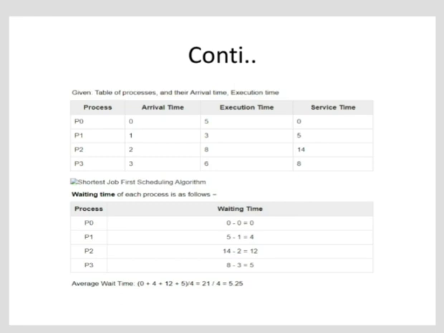So the waiting time can be calculated by using service time minus arrival time, and the average wait time is the addition of all these waiting times divided by 4.